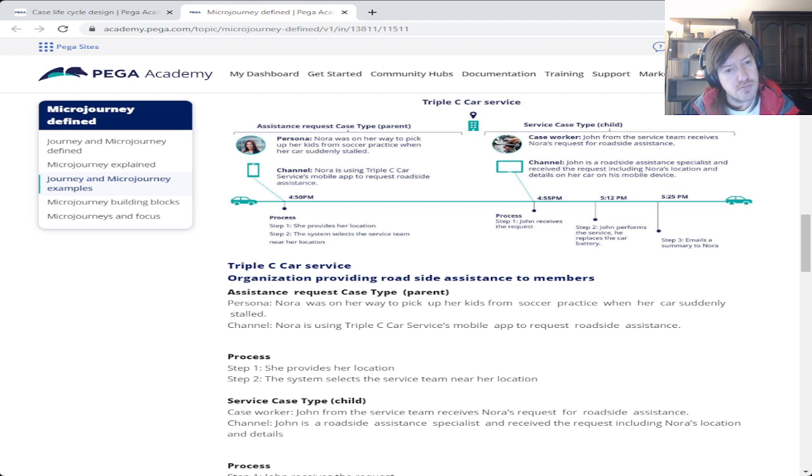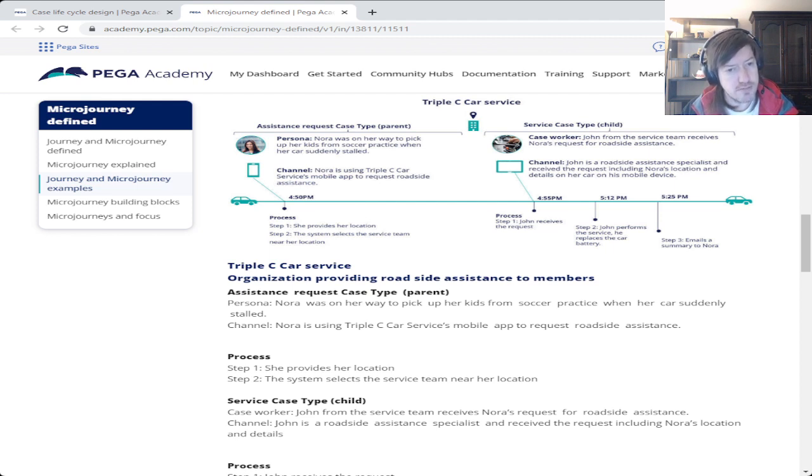You're repeating some information here, but you're not giving specific details as to what the persona is and what the channel is all about. You could just say mobile app, CCC car service. That says enough there.